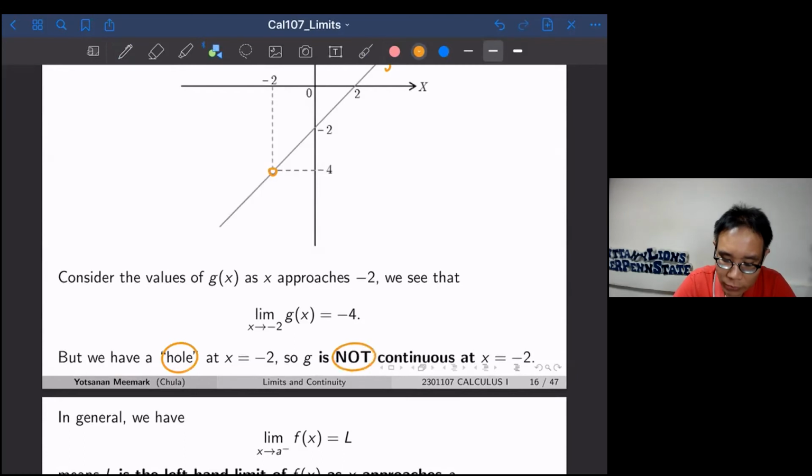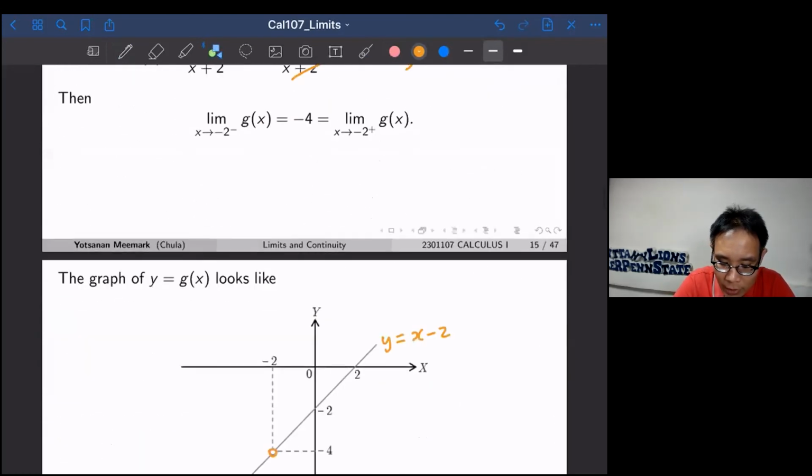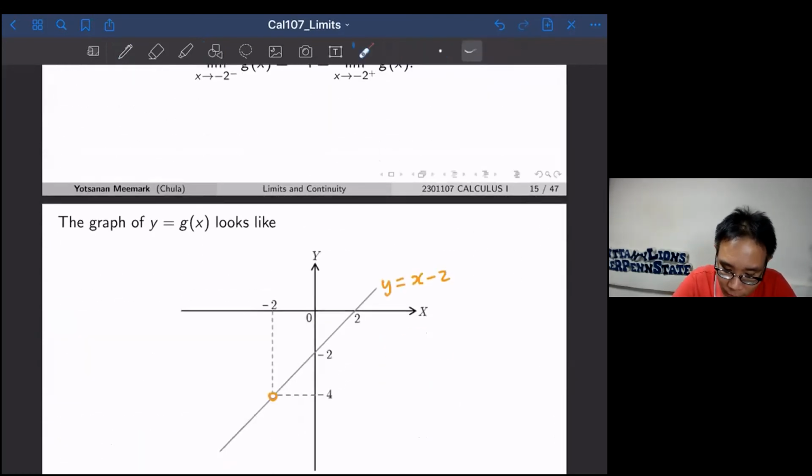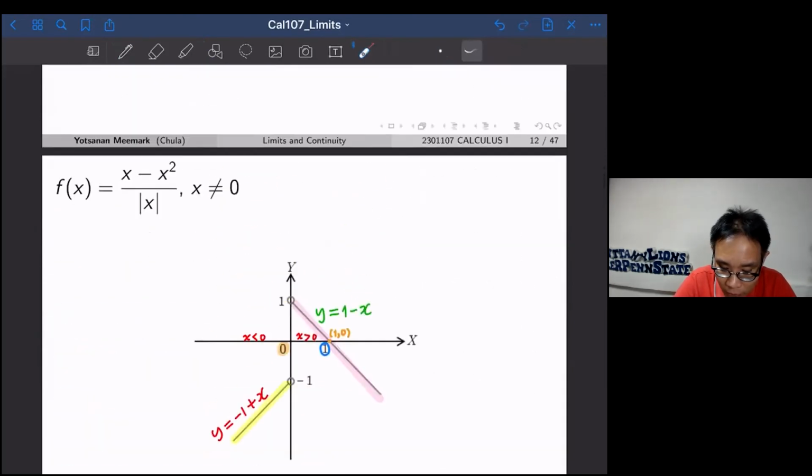So not continuous can happen when you have a hole on the graph like this, or when you have a jump on the graph.